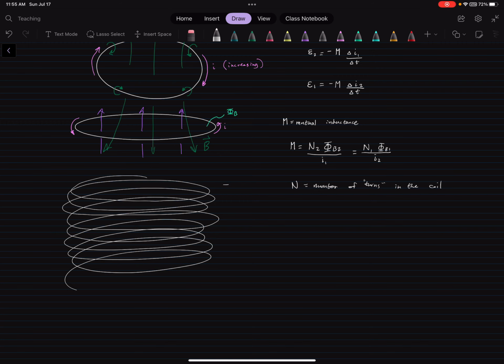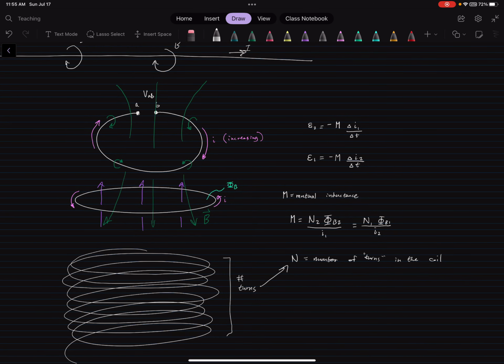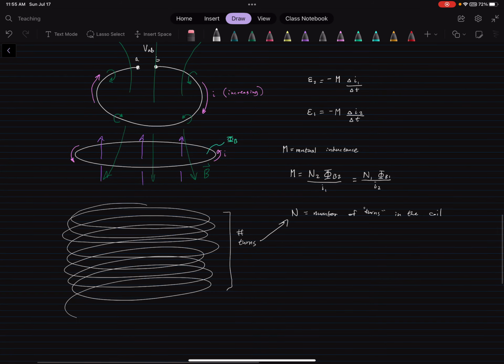And so this number of turns, however many, is equal to N of that coil, right? In our case, for a single loop, these would just be equal to 1, because the wire goes around one time. But because it's in the numerator, you can amplify the effect by increasing the number of turns.